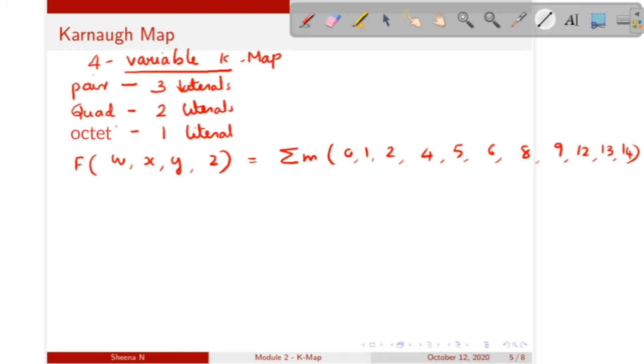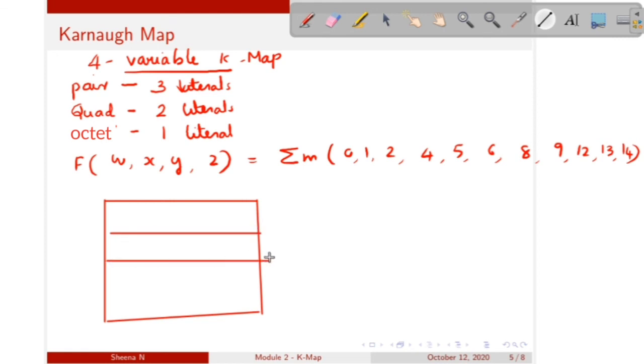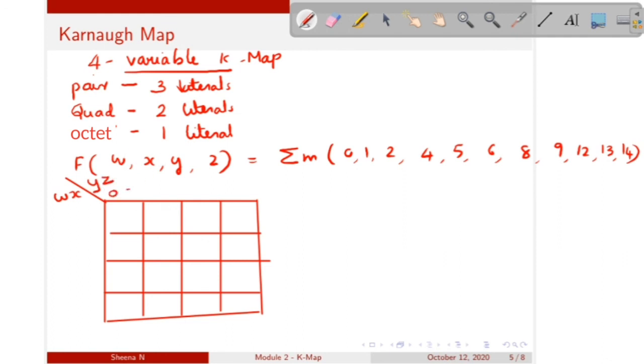So first we can draw the K-map. The K-map should contain 16 squares. Here it is the variables WX and here it is the variables YZ. YZ can have values 00, 01, 11, 10.